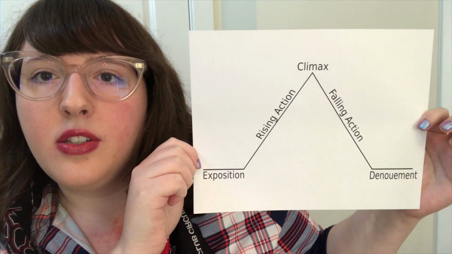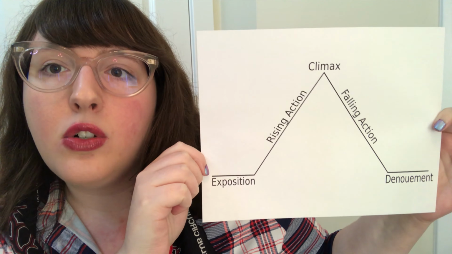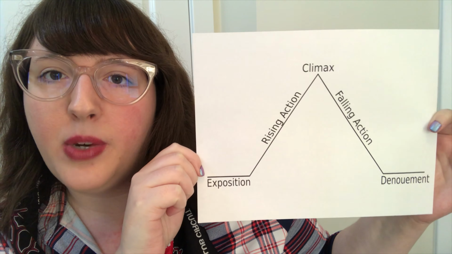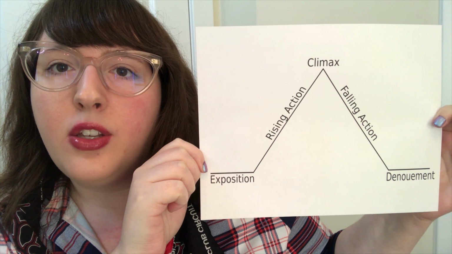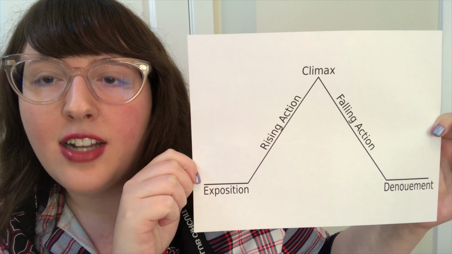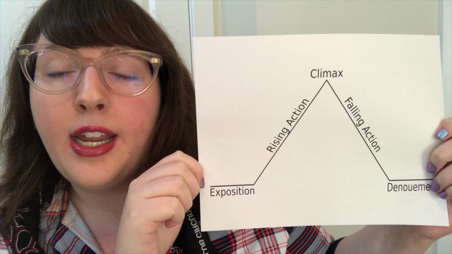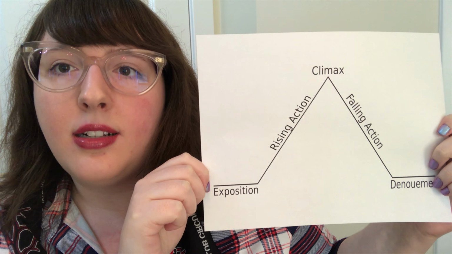You can also think of the 3-act structure in this way. So it's not a straight line, it's more like a triangle or a pyramid, however you want to think of that. So you have the rising action, the climax, and the falling action. So that rising action is going to be most of your story when everything's building to the climax.